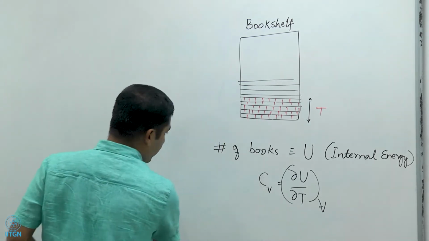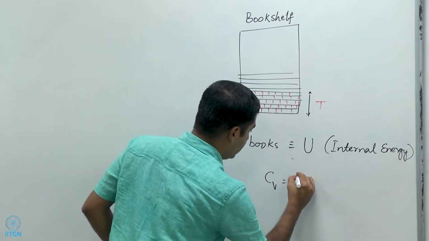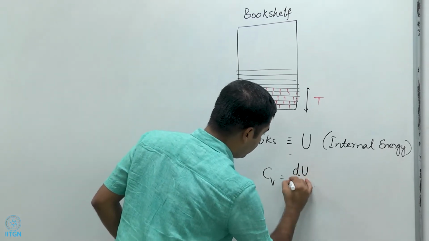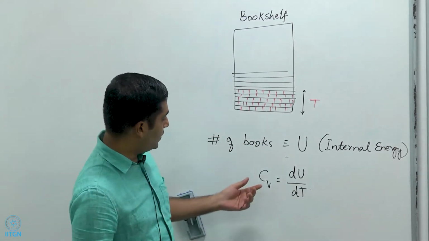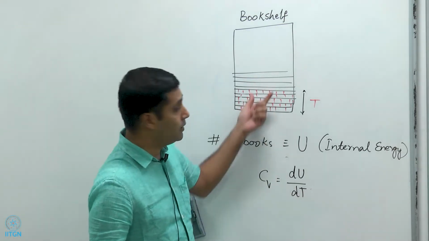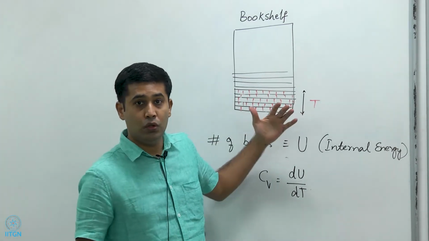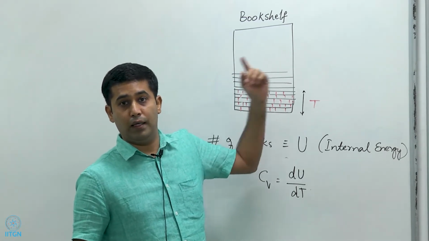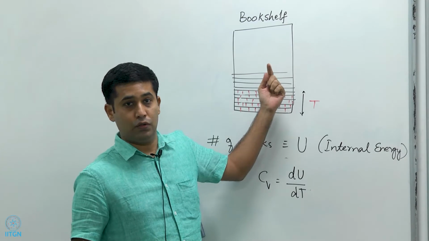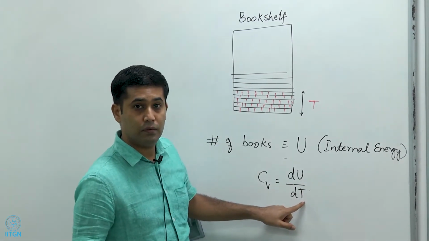So then I will just write it as CV equals dU/dT, right? So what is CV? In this analogy, CV is the number of books that I need to give you to raise the highest occupied level by 1 unit, right? So that's dU/dT, right?